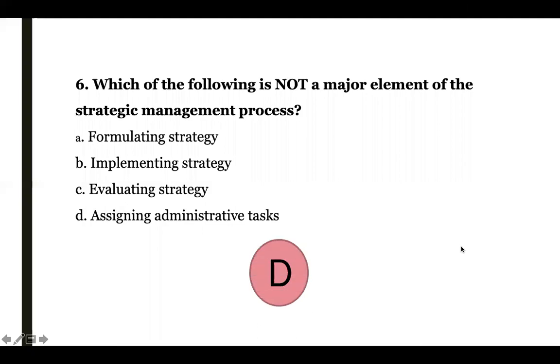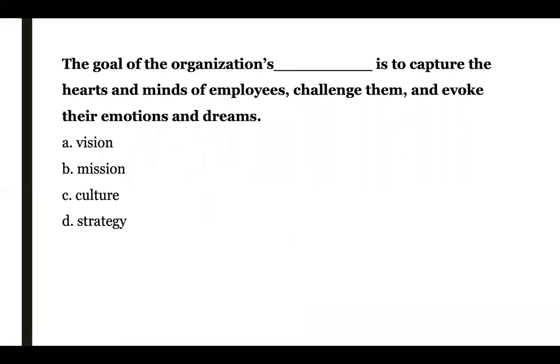Okay. So the goal of the organization's GAP is to capture the hearts and minds of the employees, challenge them, and evoke their emotion and dreams. What's the correct answer?